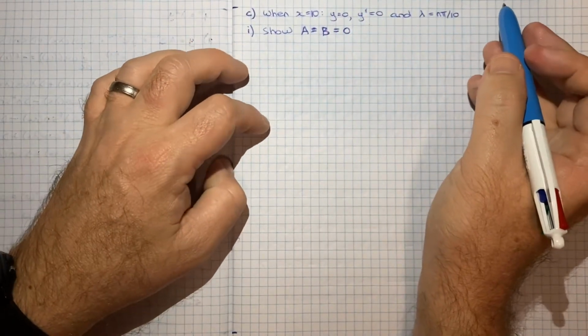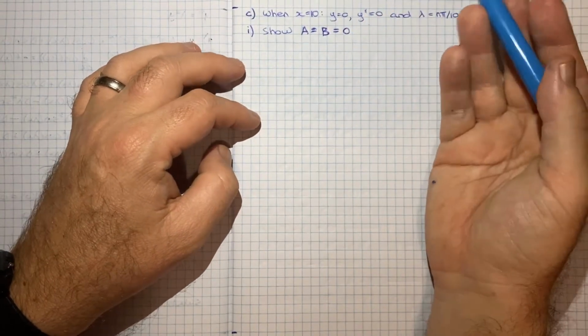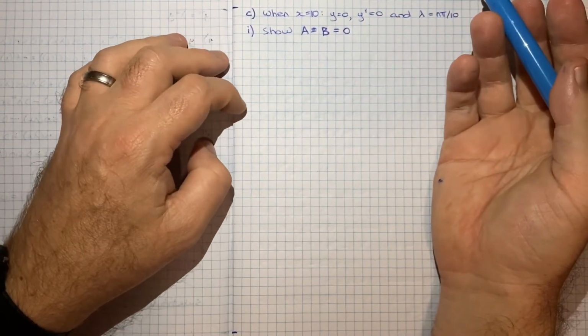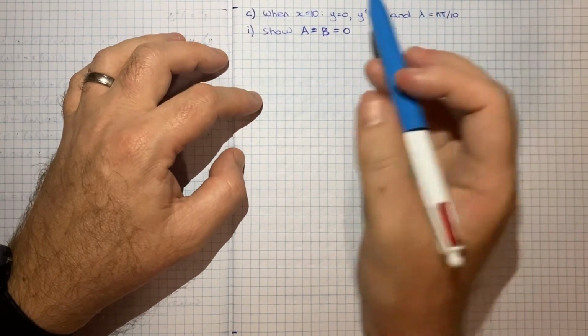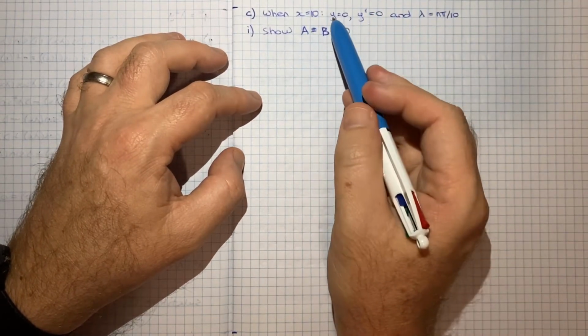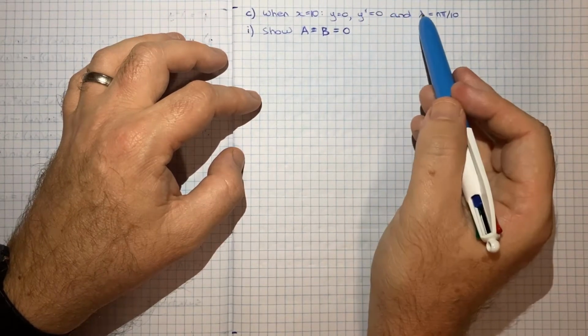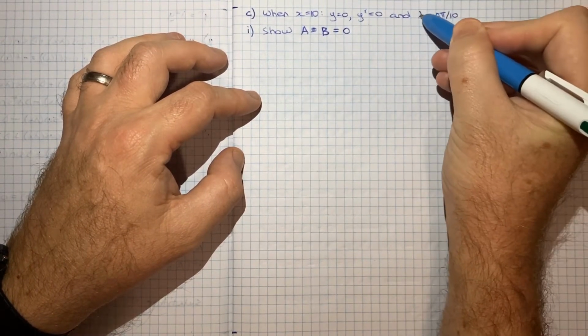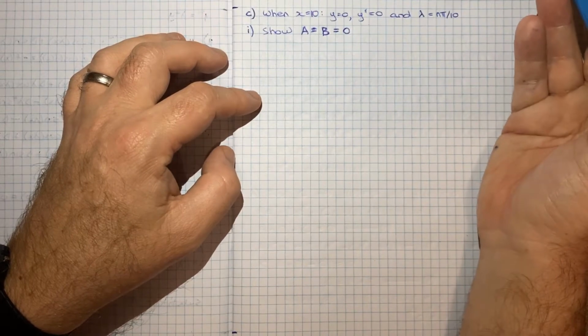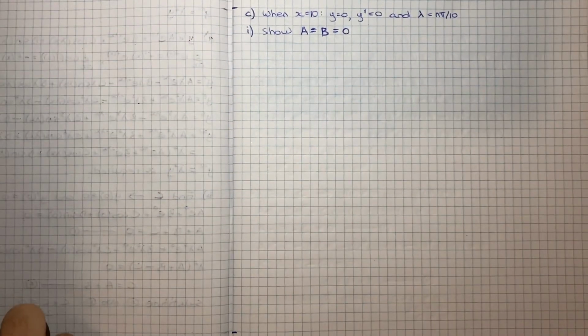So quite similarly to what we've just done in the prior parts, we can substitute x is equal to 10 and y is equal to 0, and then same deal with y double dash, and also we can substitute in our lambda and see what happens. So let's start with just y.